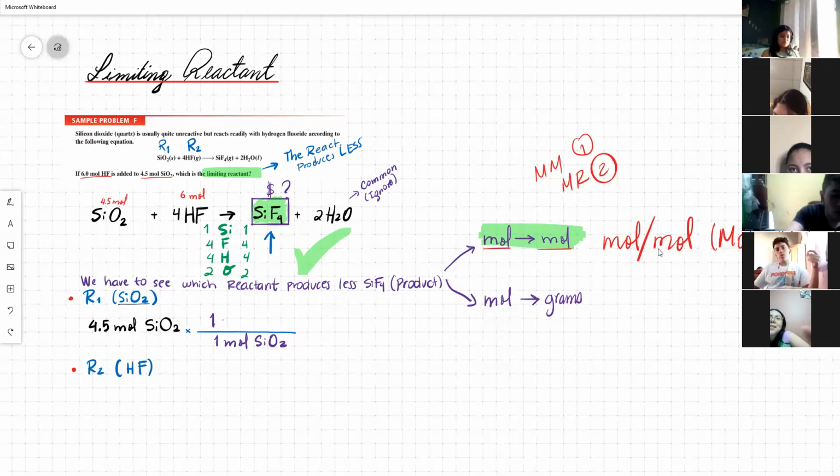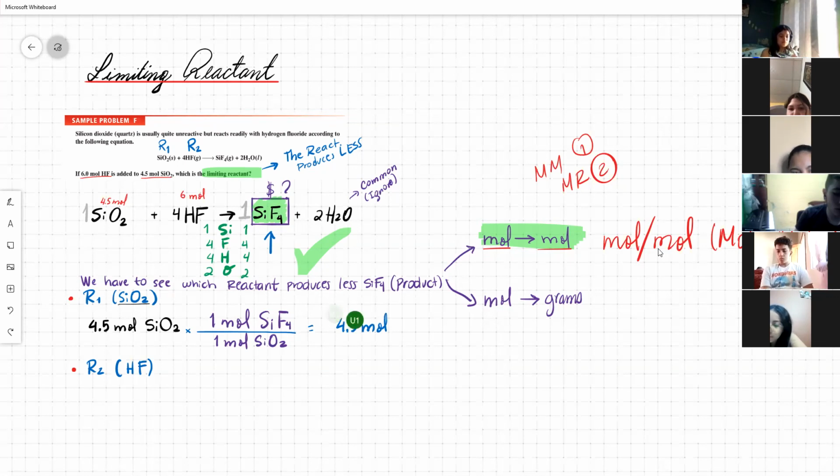Remember that when you don't see a subscript, it's an invisible one. So this is like having an invisible one here and an invisible one in the product too. That's why the conversion factor is 1 to 1. Now, when you calculate this, you get the same response, 4.5 moles.